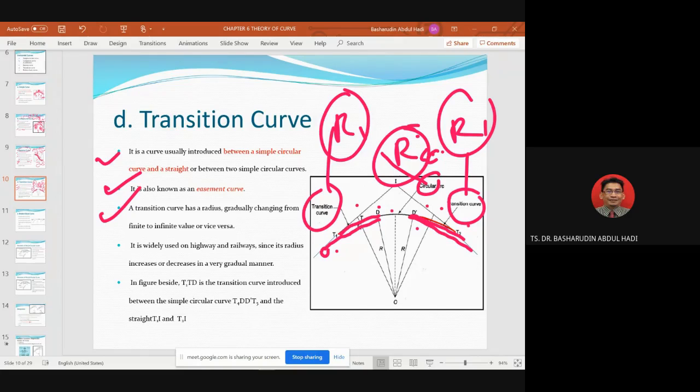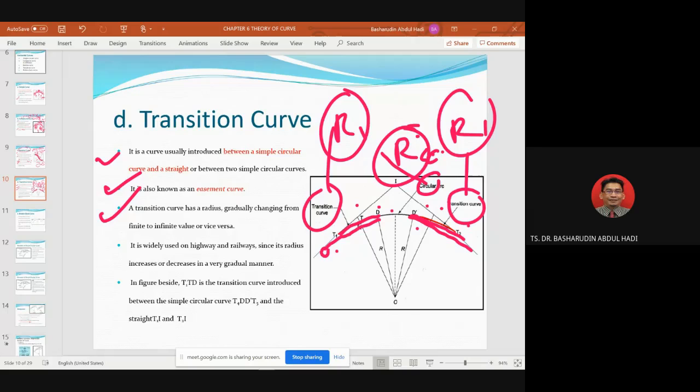A transition curve has a radius gradually changing from finite to infinite value or vice versa. So between, like a sandwich, we have left and right transition curves, but in the center we have a simple circular curve. We combine them for the safety of highways, roads or railways.